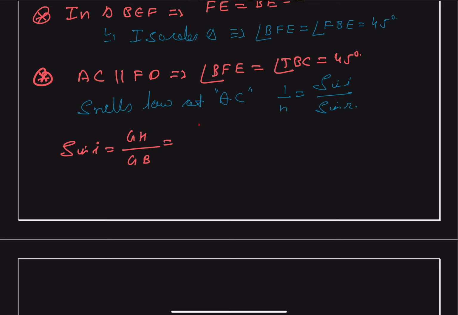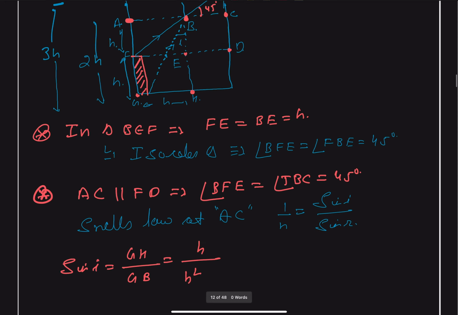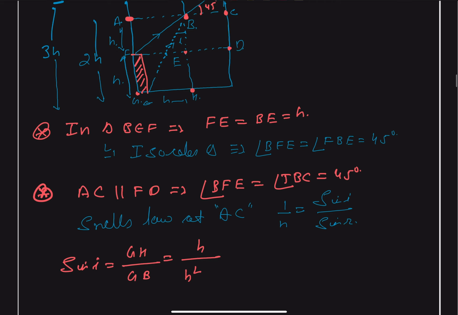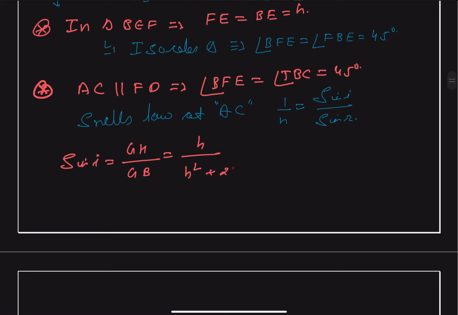GH is our H and GB will be equal to the square root of H square plus 2H square, so this comes as H upon square root of 5 times H. And H goes away, so we are left with 1 upon square root of 5.